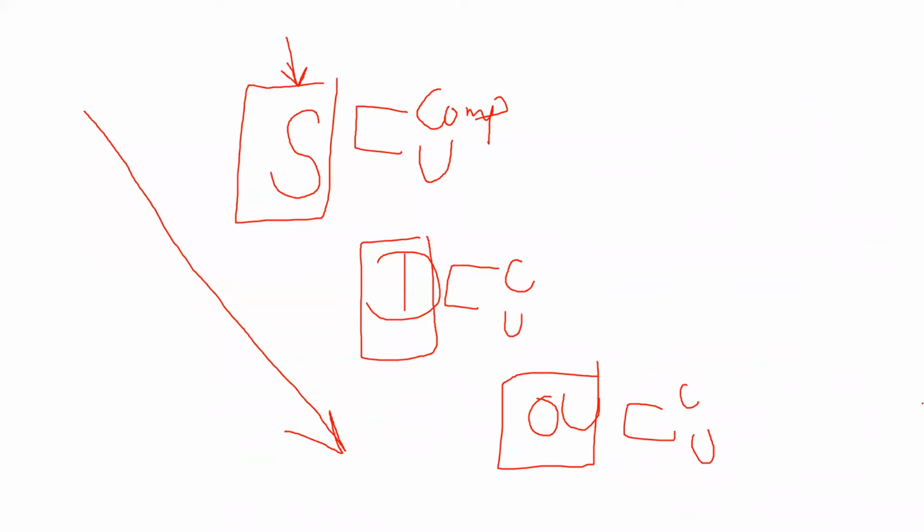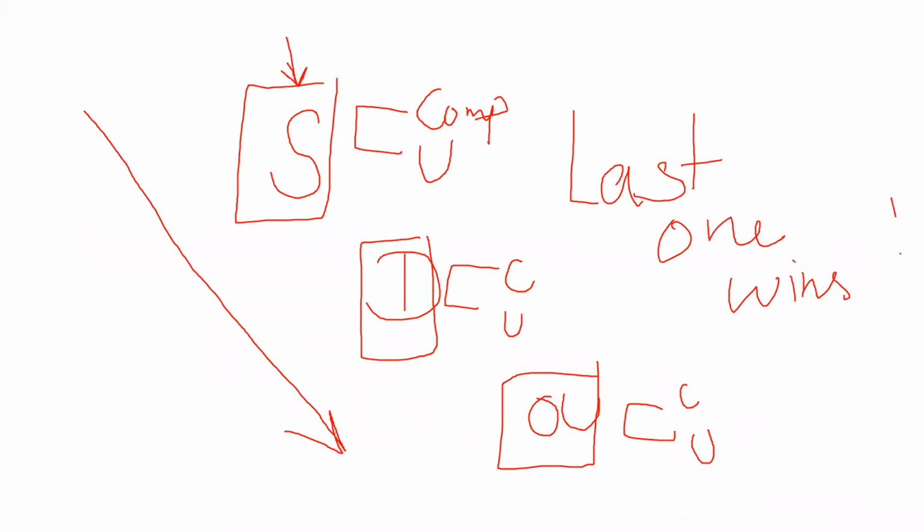And the rule is last one wins. That is how we learn how policies work: in case of conflict, the last one wins, which means in case of a conflict between site and domain, domain will win. Domain and OU, OU will win. The last one executed will have the more preference.